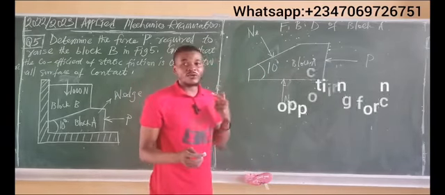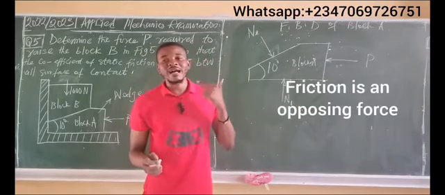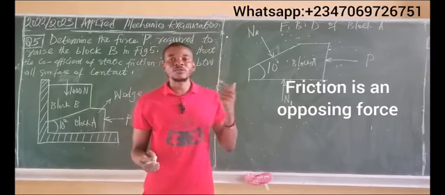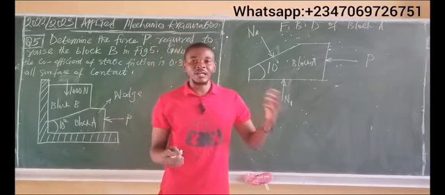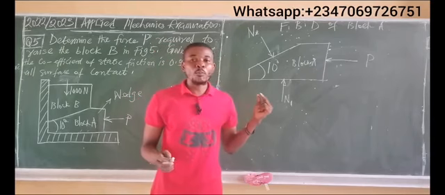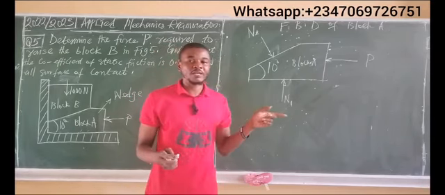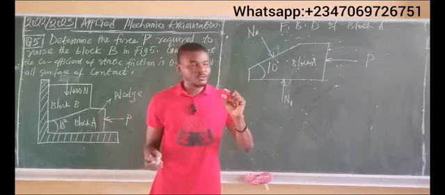And remember the idea of friction. Friction simply means an opposing force. So if I am moving to the left, then there is a force that will oppose my motion. That force will act here to the right. That force is called a frictional force.